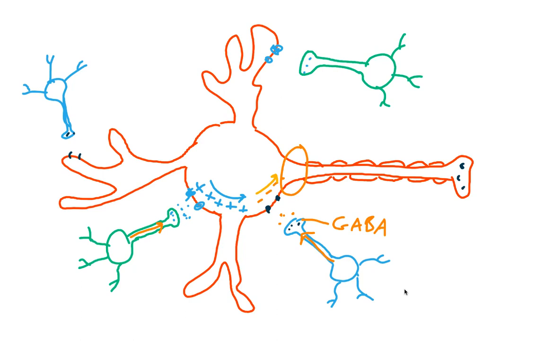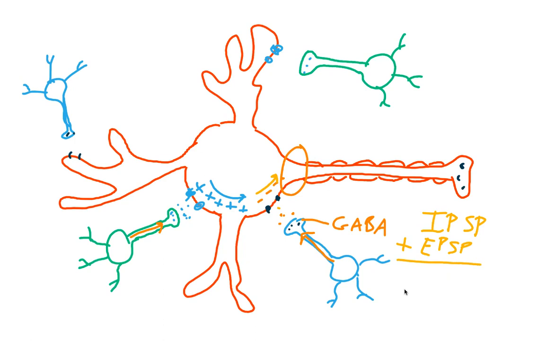If the positive charge and the negative charge cancel each other out, that would essentially mean we have an inhibitory post-synaptic potential coming from the GABA, and we are adding with it an excitatory post-synaptic potential.